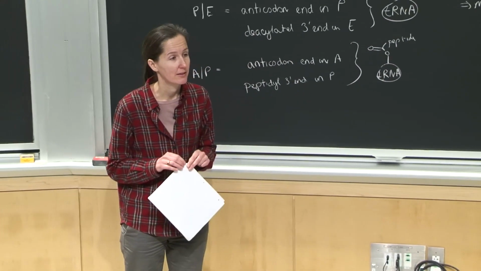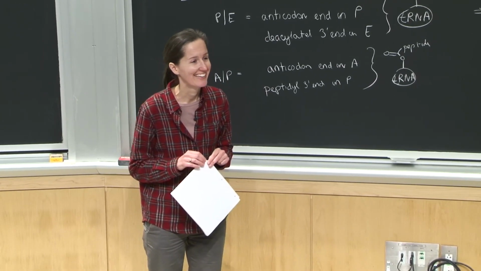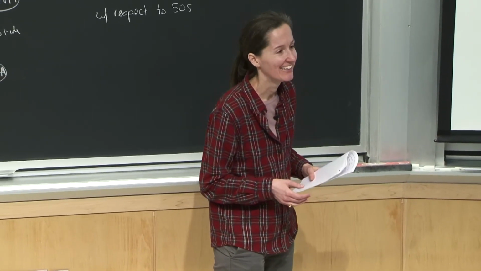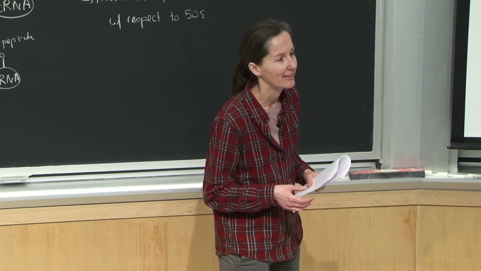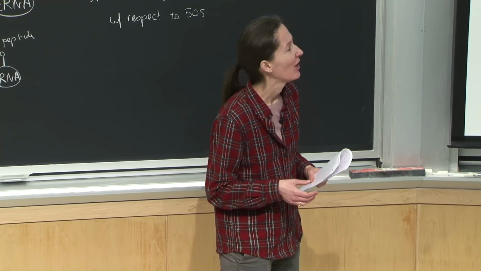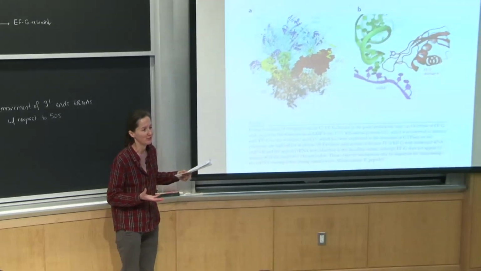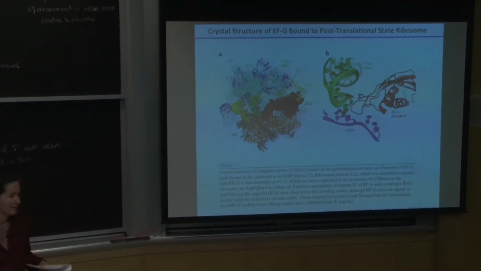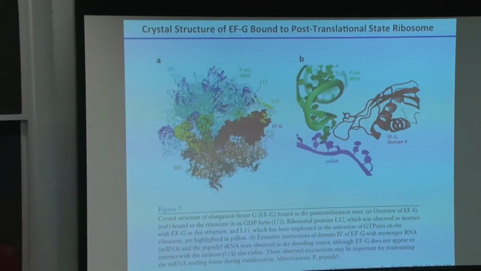And also, is this picture actually a picture, or is it just like a depiction? This is from the crystal structure, but it's not itself a crystal structure. They take out all the hydrogens, or you wouldn't see anything. Okay, so this is from the crystal structure, and you can make choices as to what information you put in your depiction, whether or not you're going to show certain residues, say, or just the backbone there.